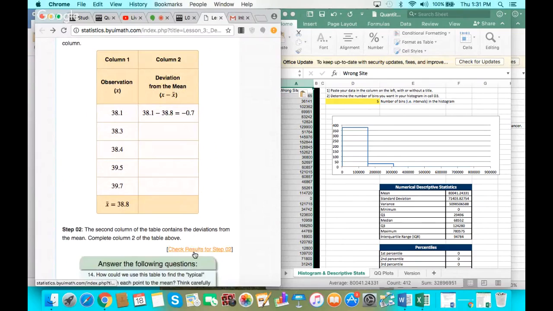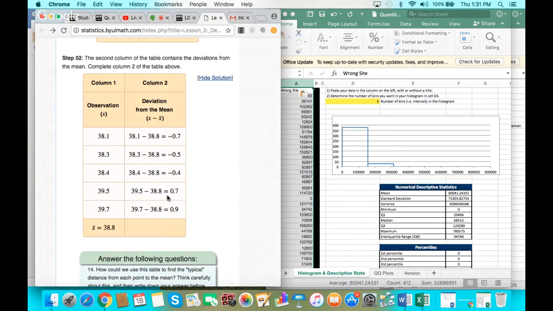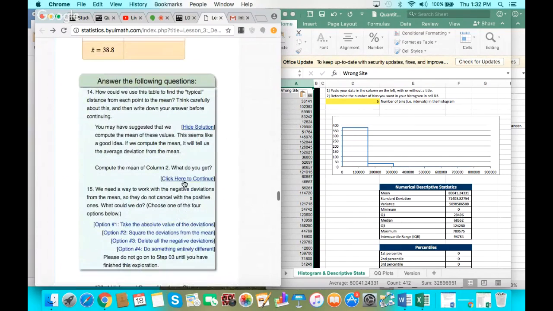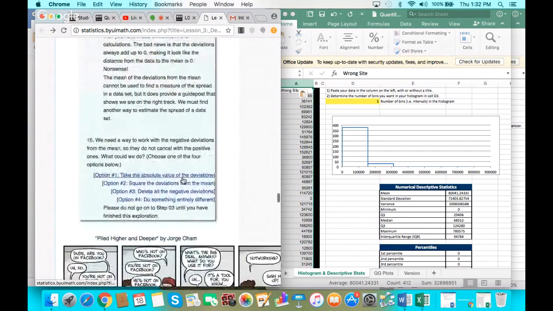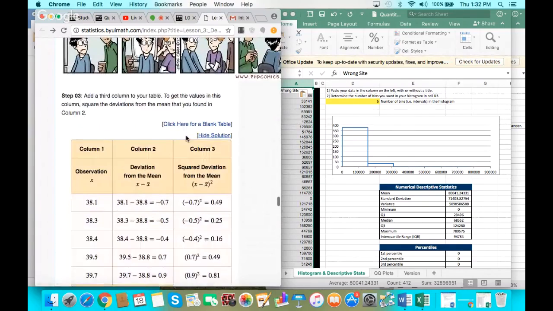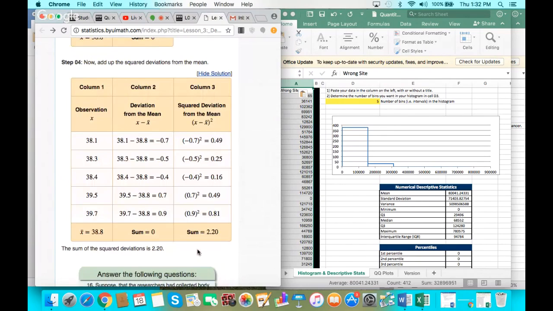So there's column 1 and 2. So we find the deviation. Click results for step 3. Yes. And then you have to do step 4. Click on step 4. Yes. Okay.